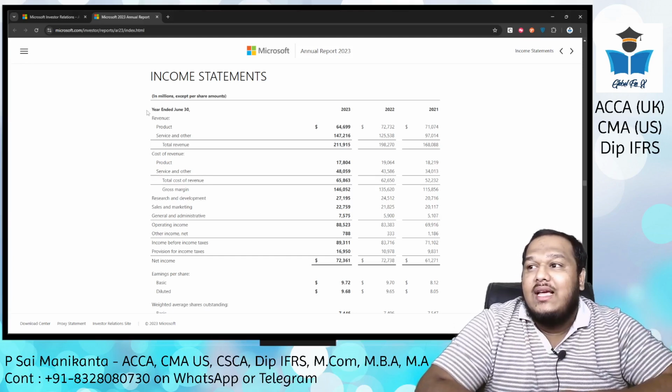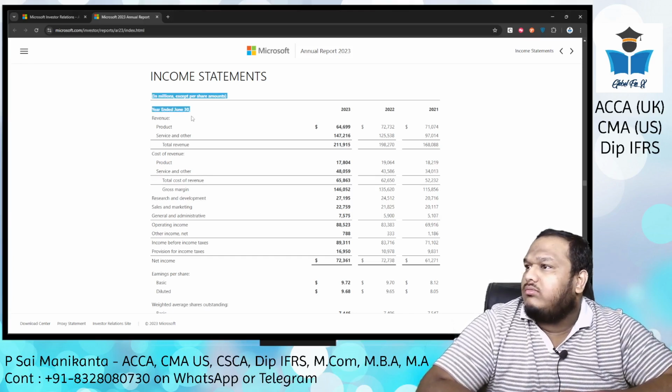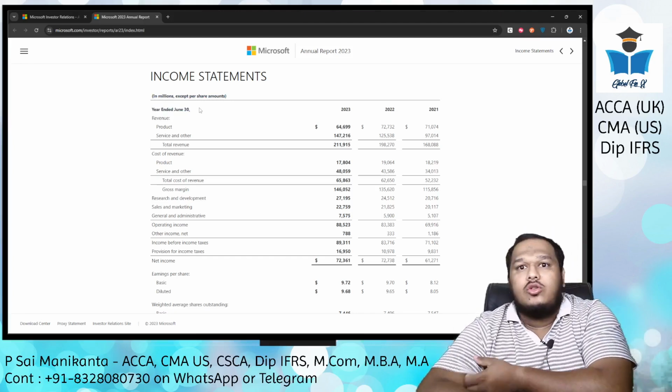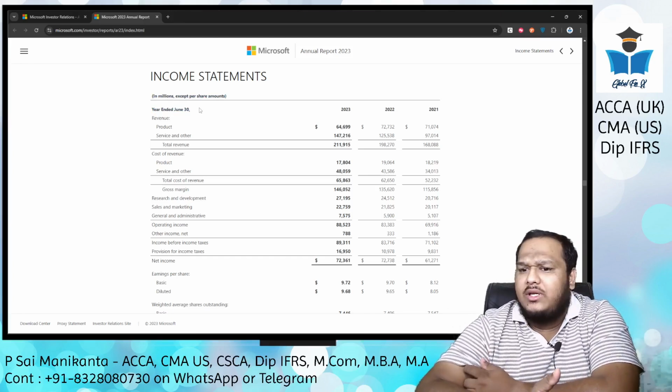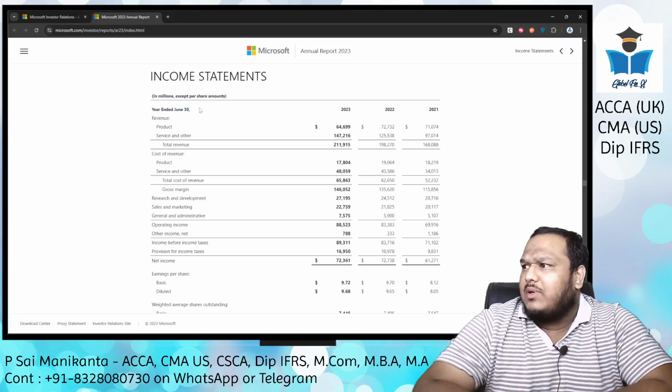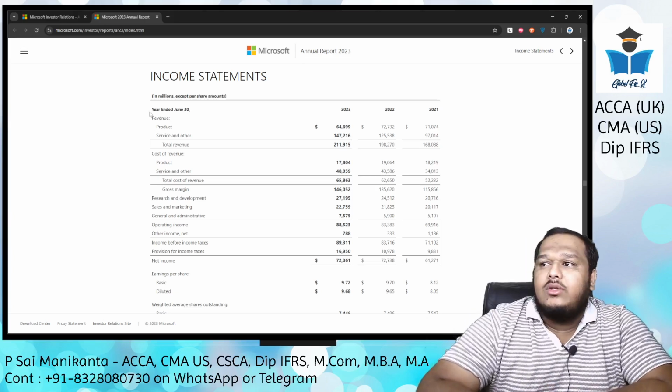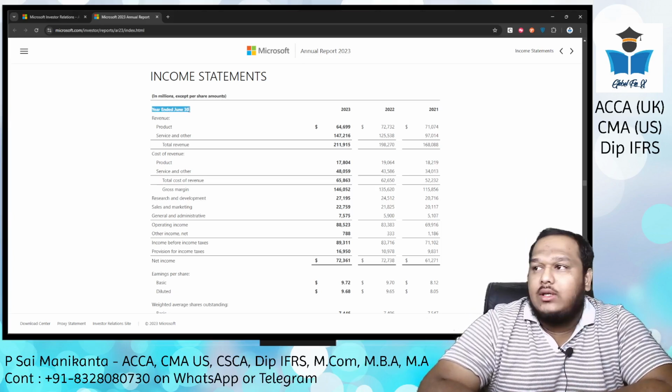So here it is year ended June 30. Oh, Microsoft has a year ending of June. I wasn't aware of this. So 2024 June has been, it's been more than 7 months. So they should have the audited financial statements up by now. All right. So this is for the year ended June 30, 2023, June 30, 2022, June 30, 2021.